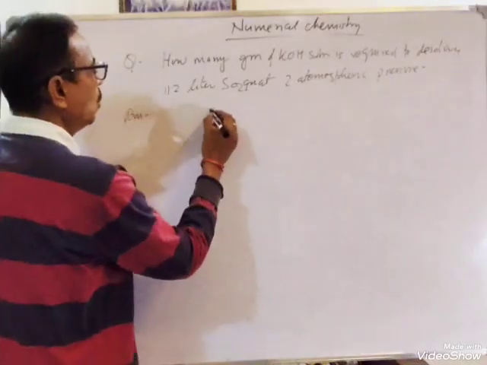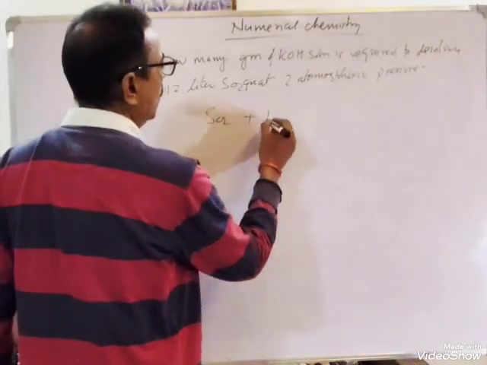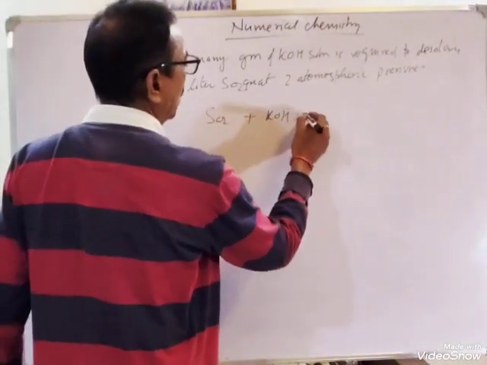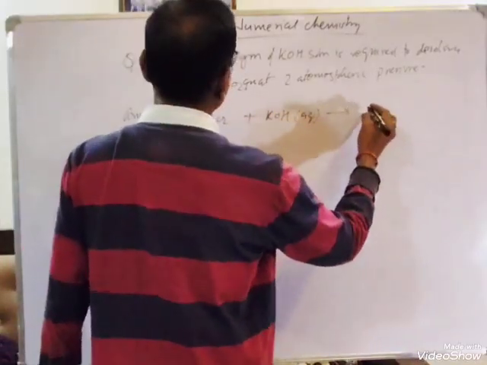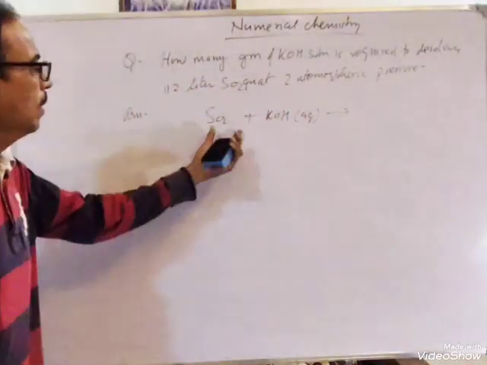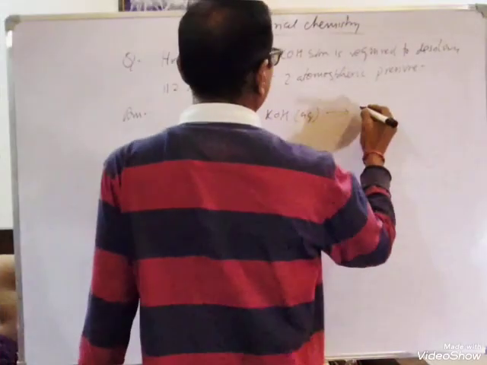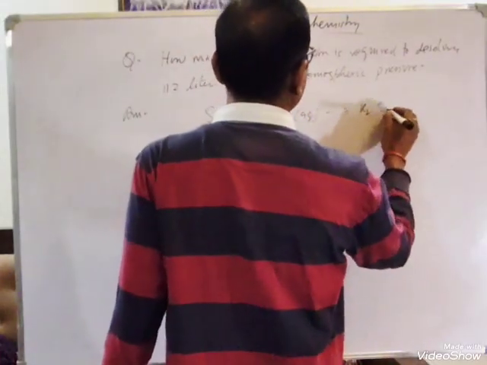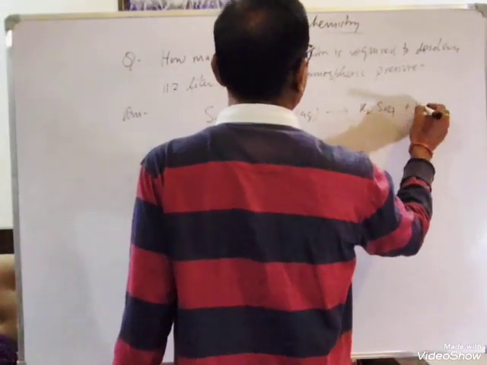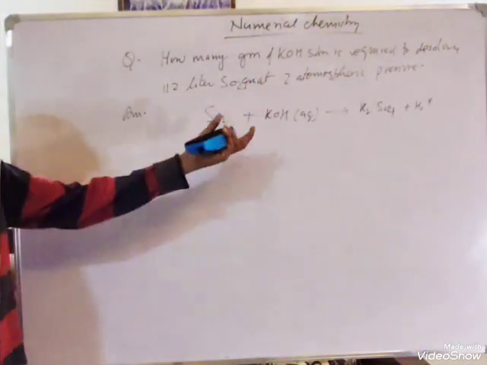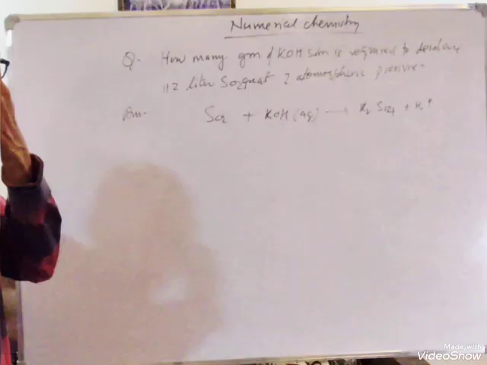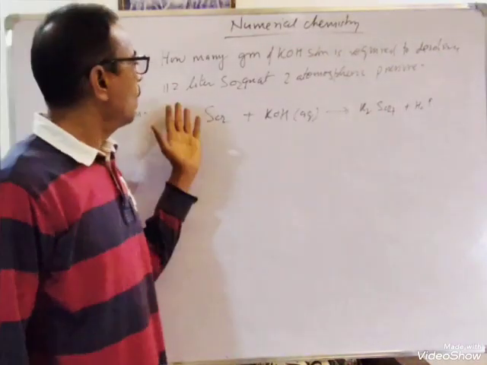SO2 gas is absorbed in KOH aqueous solution and forms K2SO3 plus water.